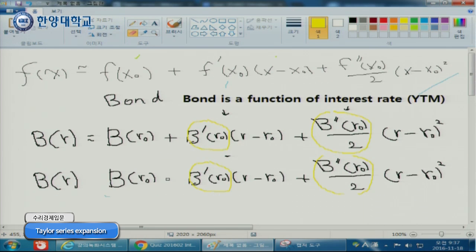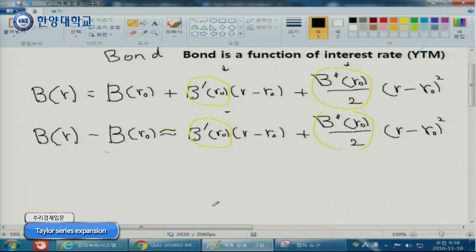Now it becomes a minus, right? Because we just move here. Now, look at this one carefully. Well, it is a change of the bond price, right? Today's bond price, future bond price. Change of bond price.